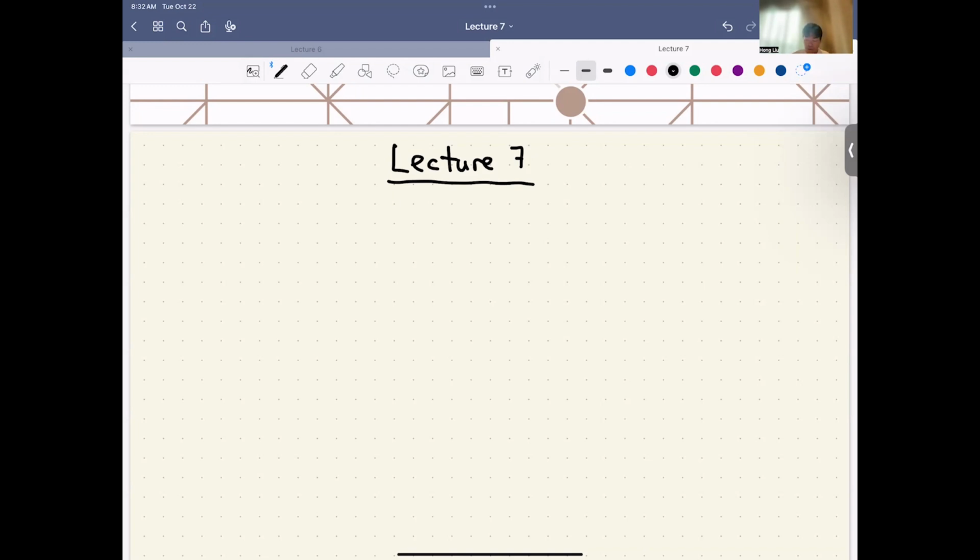So let's recall, we've seen an asymptotic version of Kruskal-Katona.